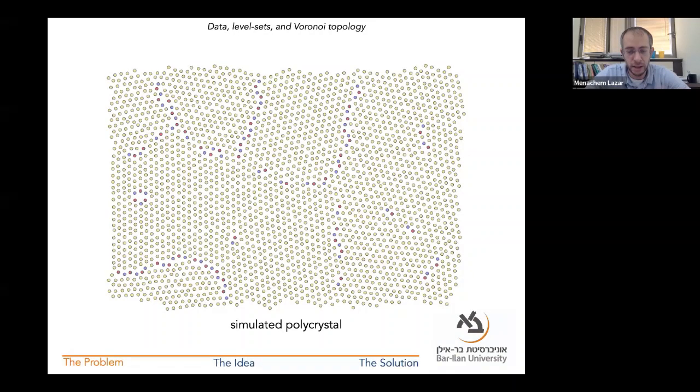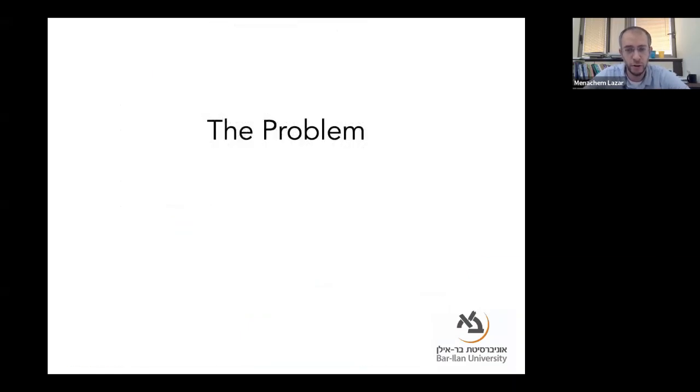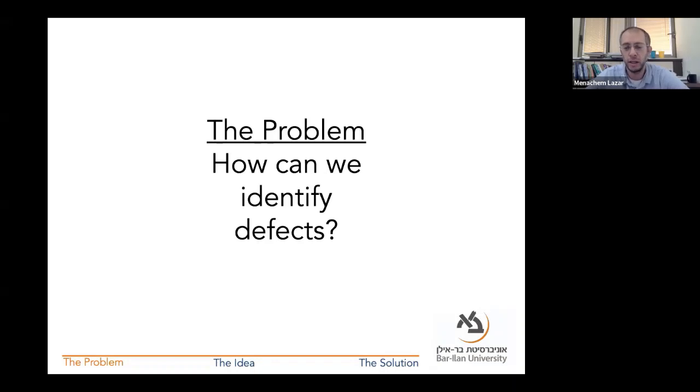And so the problem, what I promised, is a very engineering-focused problem: how can we identify defects? Given, let's say, lots of coordinates, how can we find where the vacancies are, where the boundaries between the crystals lie?